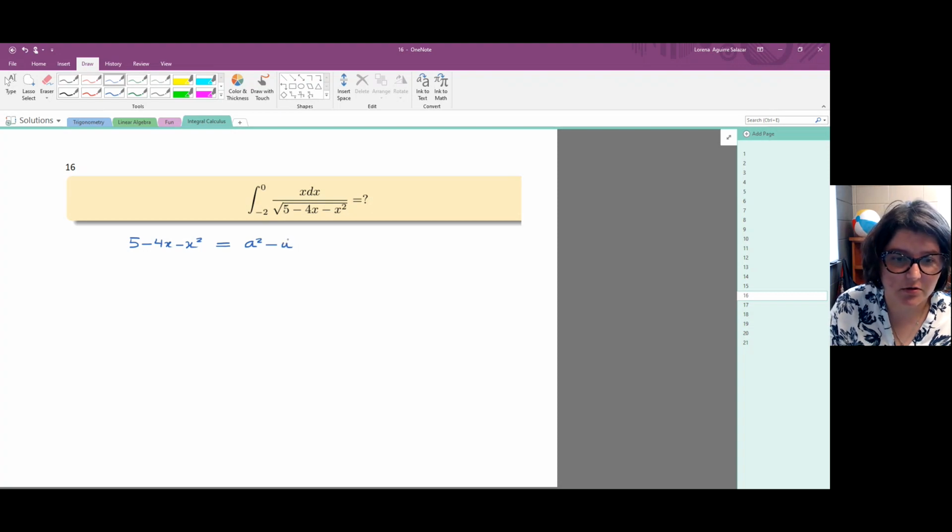Let's write just u squared, so that we get the root of something that we have worked with in the past. If you haven't seen how to work with those, please check another video. I have various videos of trigonometric integrals. Just check one in which we see a squared minus x squared under the root.